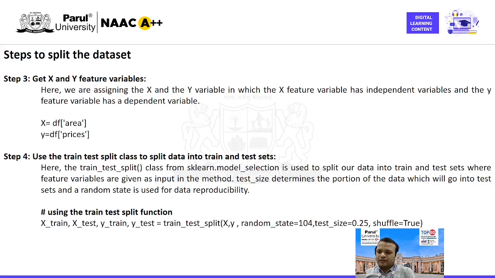Step number 3, get x and y feature variables. Here we are assigning the x and y variables, in which the x feature variable has the independent variables and the y feature variable has the dependent variable.